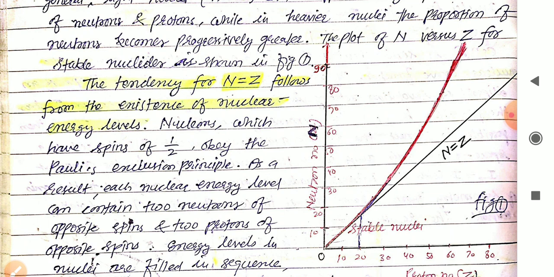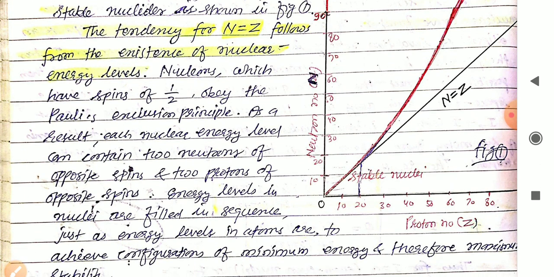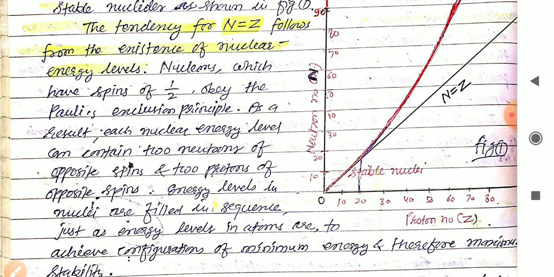It is somewhat like atomic structure, in which electrons form opposite pairs, which follows Pauli's exclusion principle. The same law, Pauli's exclusion principle, is obeyed by these neutrons and protons. Why? Because neutrons and protons are also spin half particles, and so they form a pair when both spins are opposite in direction. So they form a pair and they become stable.